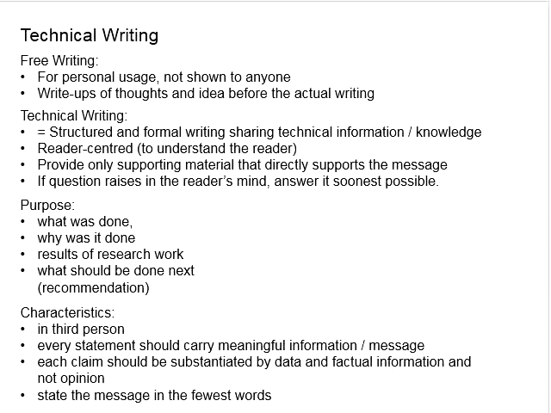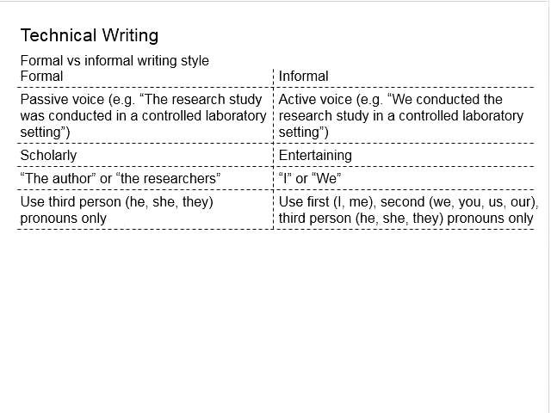It was also mentioned in our previous videos that one of the unique characteristics of technical writing is that it is written in the third person. The purpose is to demonstrate that the research study was conducted in an objective manner.